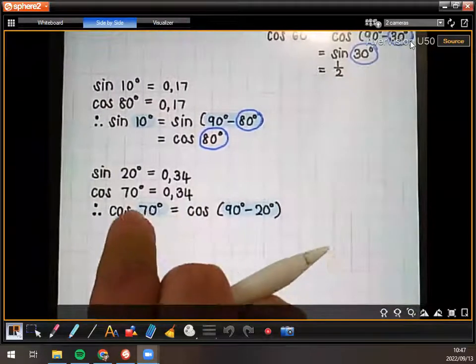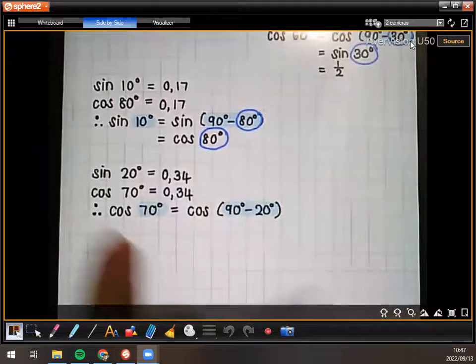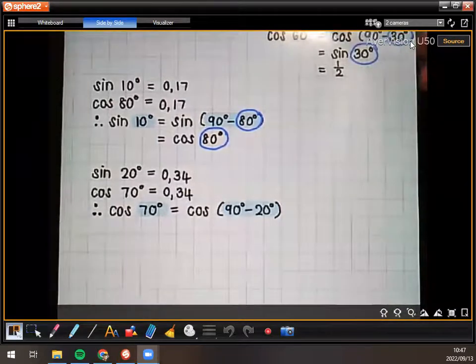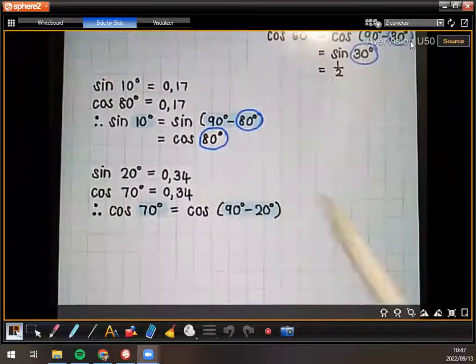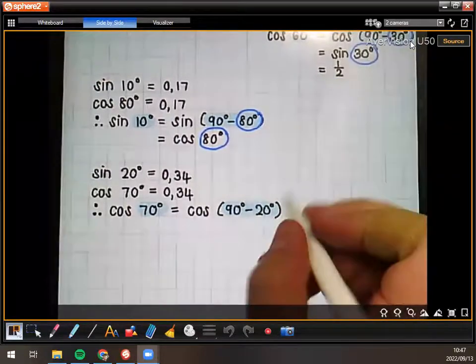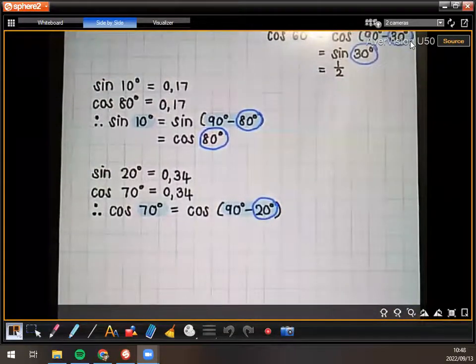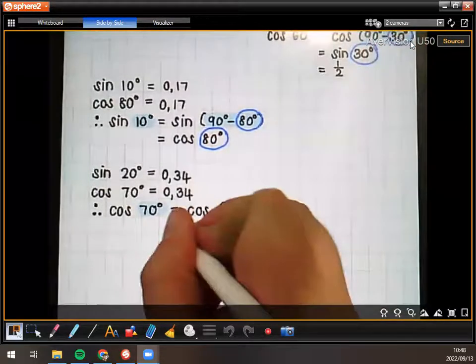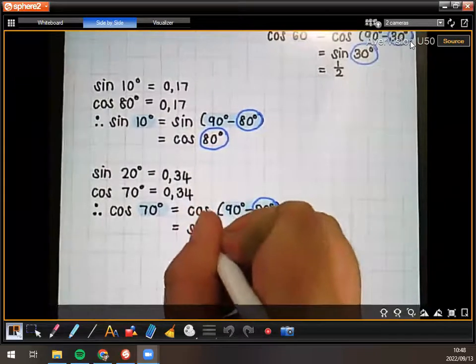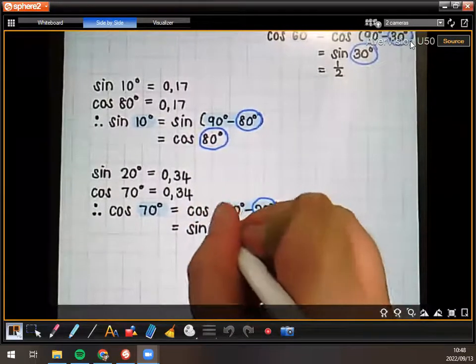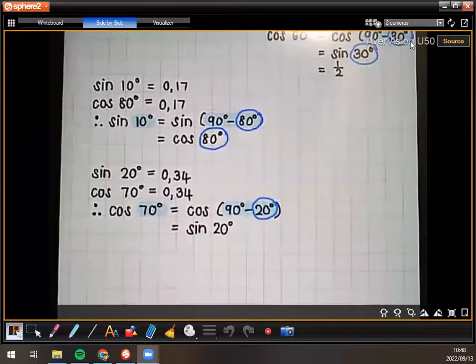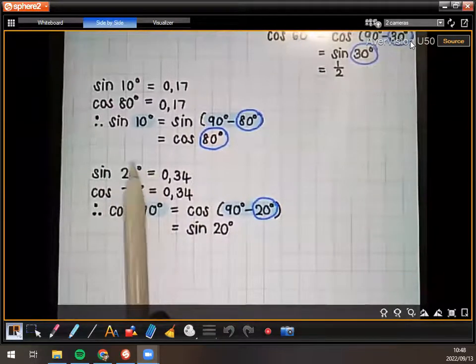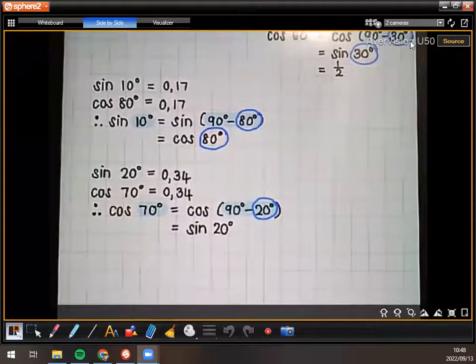I'm just writing 70 as 90 minus 20. Now, what is my acute angle in these brackets, guys? The acute angle is 20. So now I'm going to change cos to sine, and I'm going to drop the 90 minus, and it's going to be sine, because we saw already that cos 70 is actually equal to sine 20. I understand that.